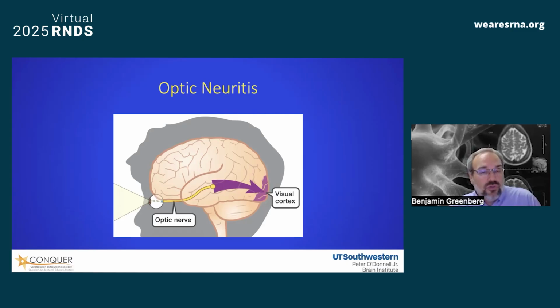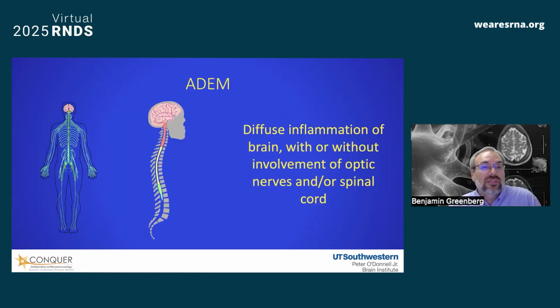One of the most confusing diagnostic terms, or I should say one of the ones that gets misapplied more often than not, is acute disseminated encephalomyelitis, or ADEM. By definition, individuals with ADEM have diffuse inflammation of the brain. In addition, they may or may not have inflammation of the optic nerves or spinal cord.